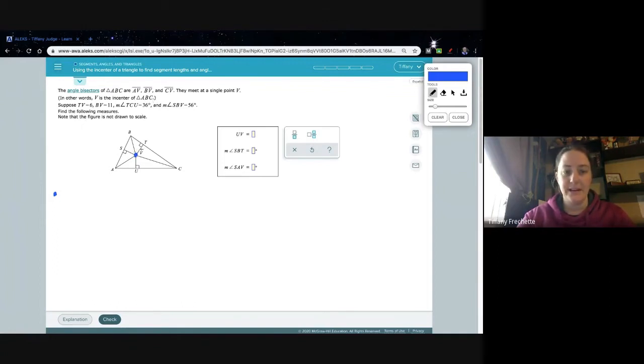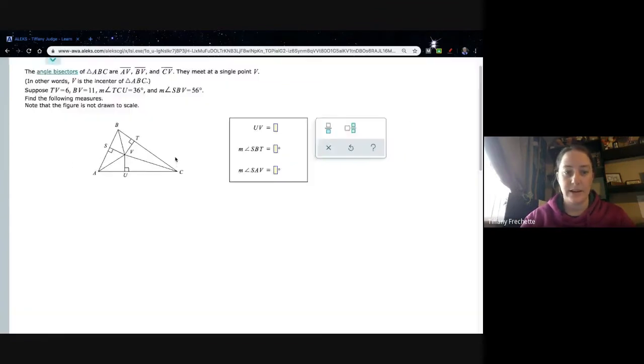Suppose that TV is 6, BV is 11, and I'm going to try to zoom in here to make this a little bit easier to look at.